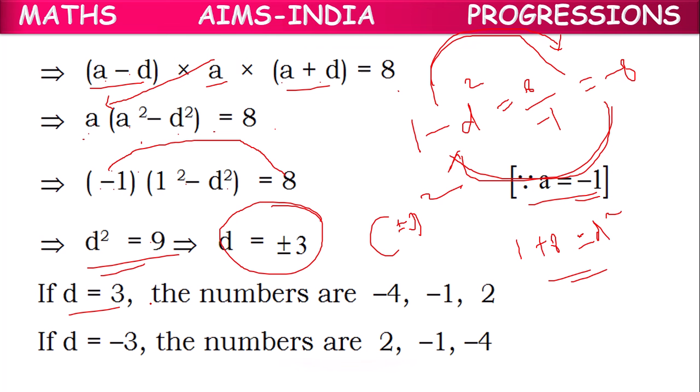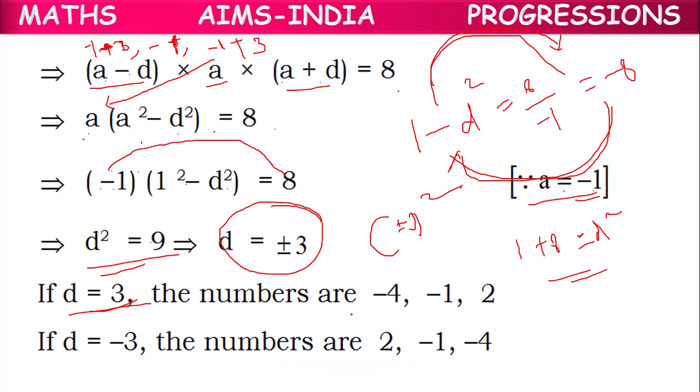If you take d as +3 and a as -1, then the numbers are -1 minus 3, comma, -1, comma, -1 plus 3.